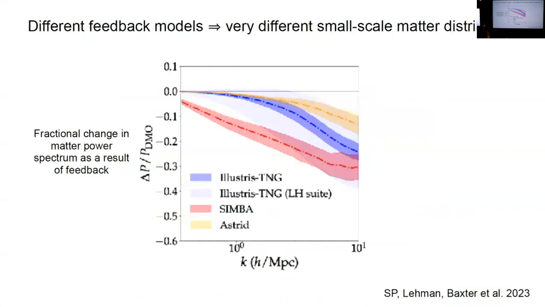I don't know why the resolution is so bad, but anyway, here, if you take all these simulations and look at the impact on the total matter distribution, it's plotted as the residual to the power spectra, delta P over P, as a function of scale. The different bands you see are different simulations from CAMELS that vary the hydrodynamical prescription: TNG, Simba, and Astrid.